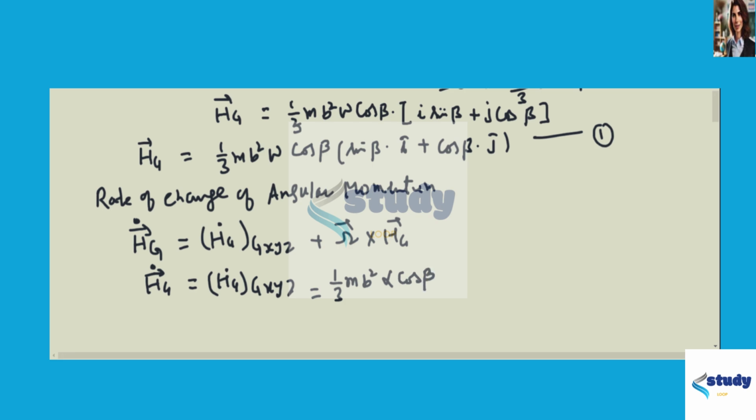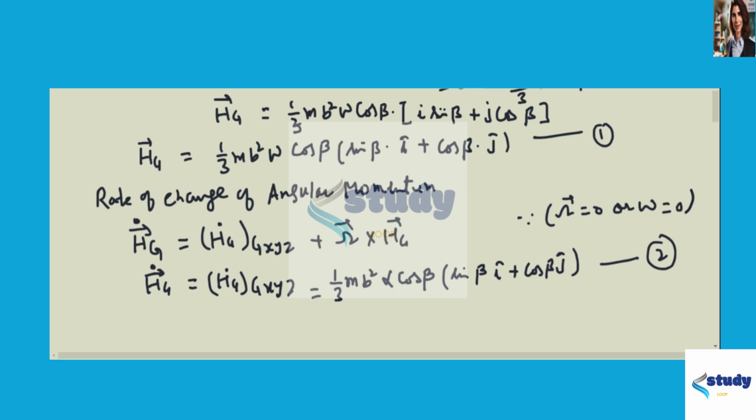Cos of beta sin beta i cap plus cos beta j cap. This is your second equation. This term is 0 because omega is 0 with initial angular velocity.